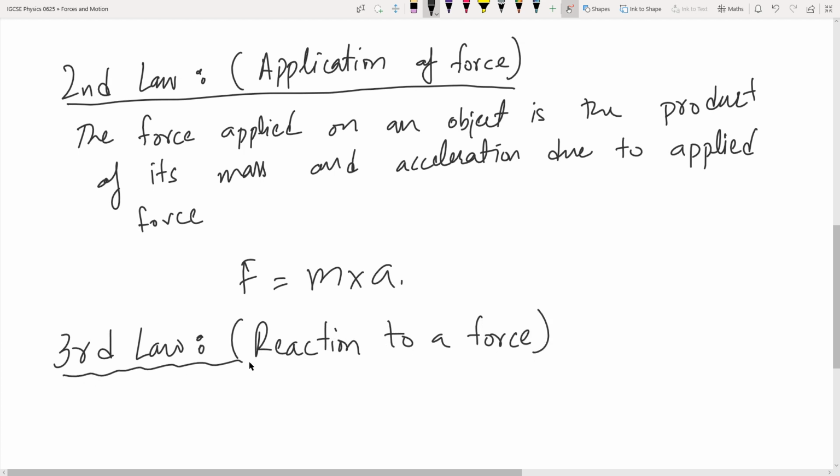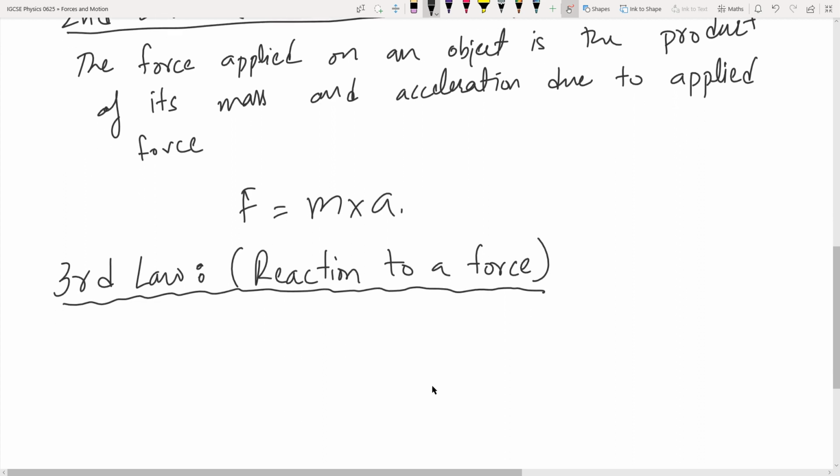Now I'm going to give you a very fun example. Let's just say you get to slap someone. Definitely you're going to get a reaction, right? Now that is what Newton's third law is all about, that when you apply force to something, then you're supposed to get a reaction of that.